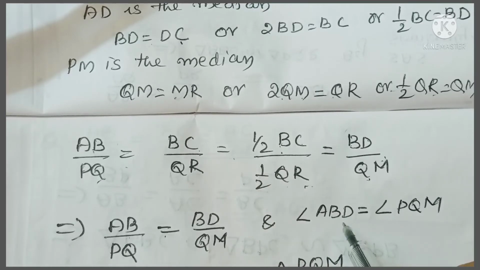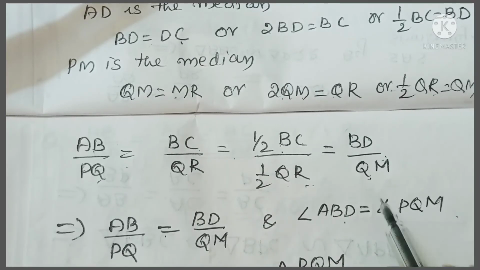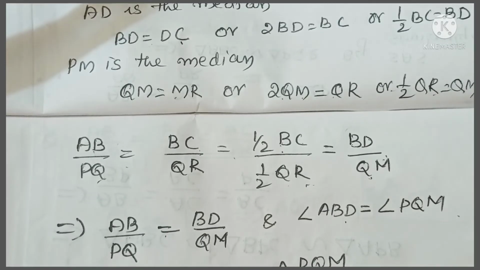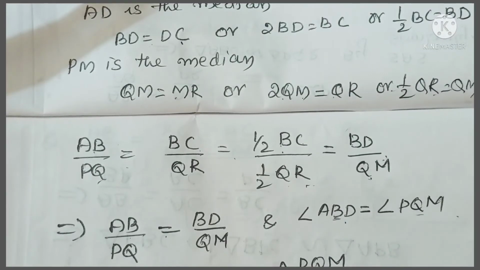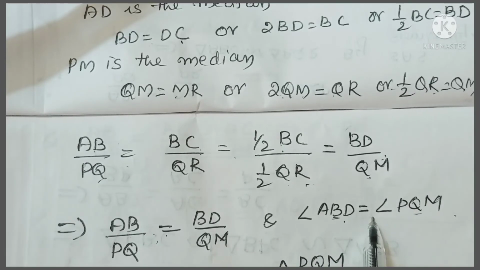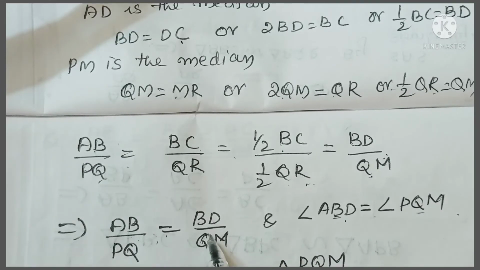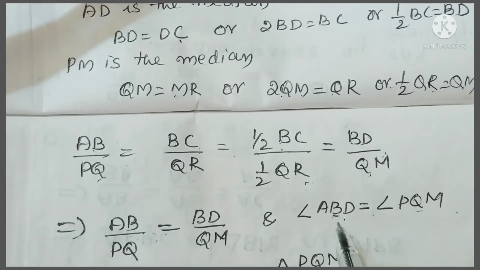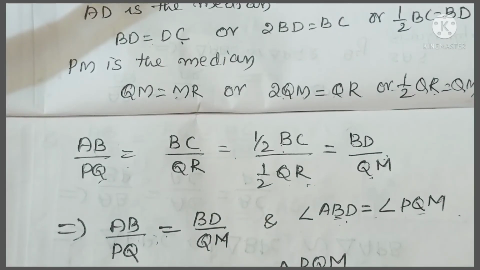And angle ABD equal to angle PQM. From the given statement, triangle ABC is similar to triangle PQR, so B and Q are corresponding angles. So these two conditions we got, that is two sides are in equal ratio and the included angles are equal.